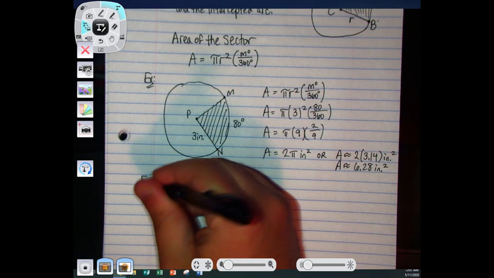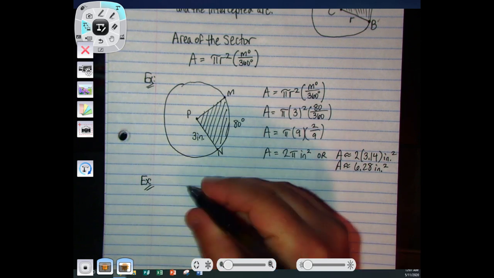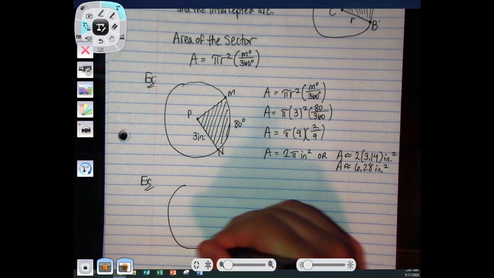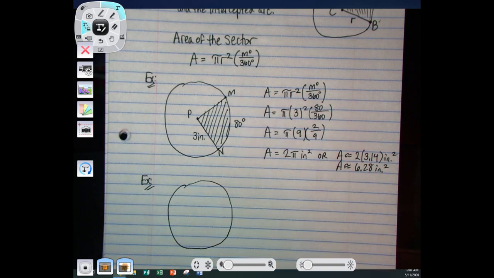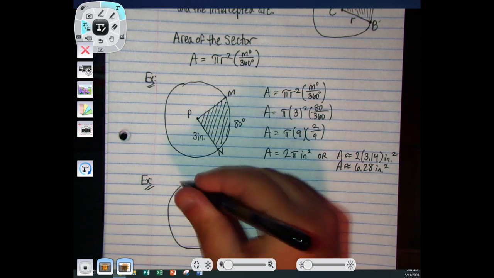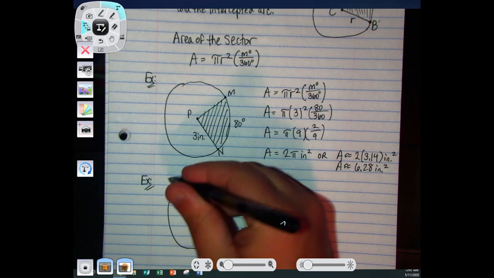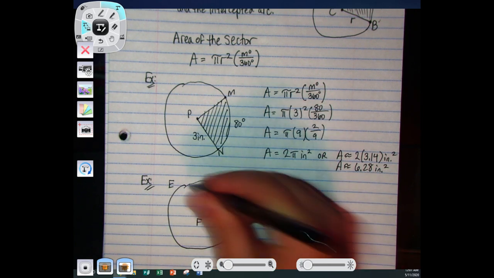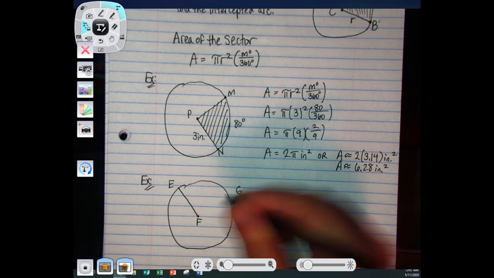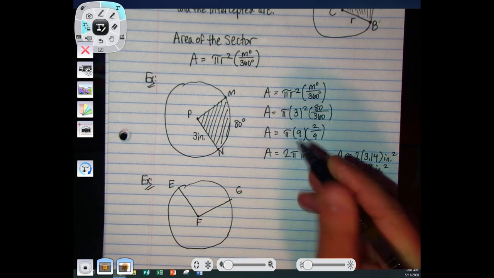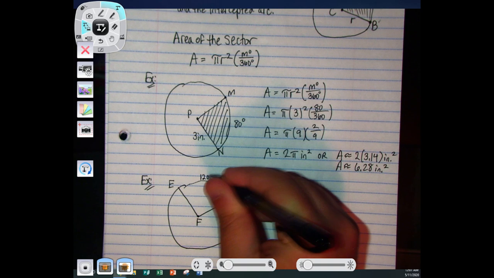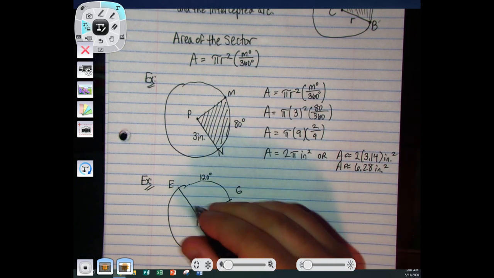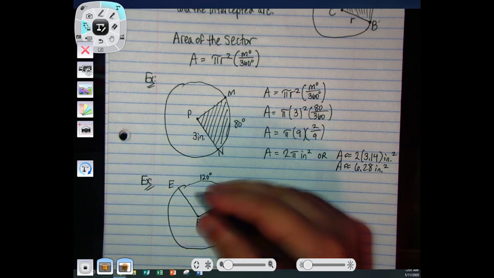Okay, so in our second example, this time I'm going to give you a circle. I have to find my compass eventually. Okay, so in this circle we have E, F, G. We know the measure of the arc is 120 degrees, and we know that the radius is 6 centimeters.